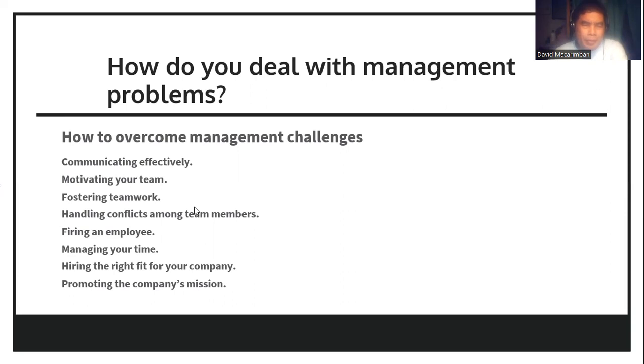So, fostering teamwork. Kailangan natin bilang management, i-promote natin yung workplace teamwork. So, magagawa natin to kung sa example, team building. Then handling conflicts among team members.